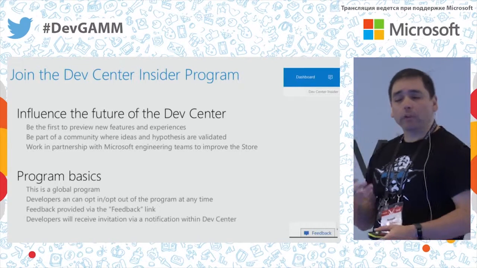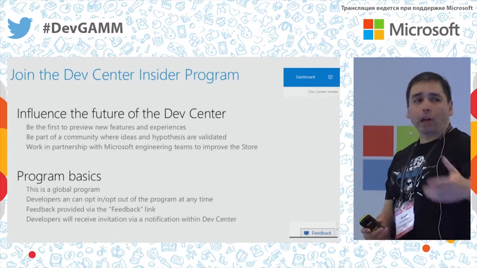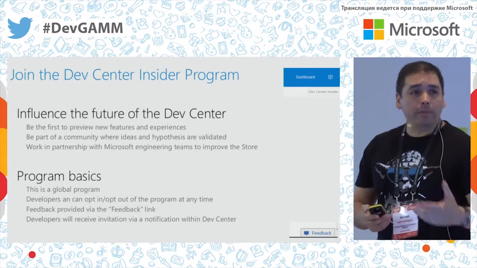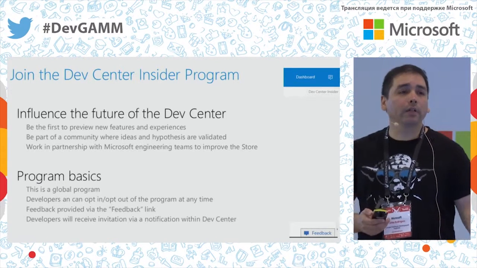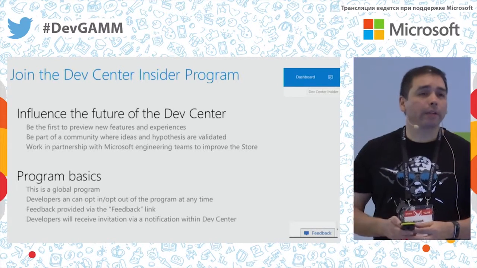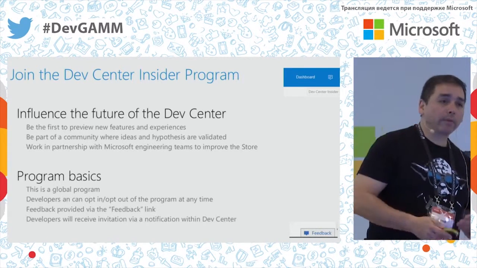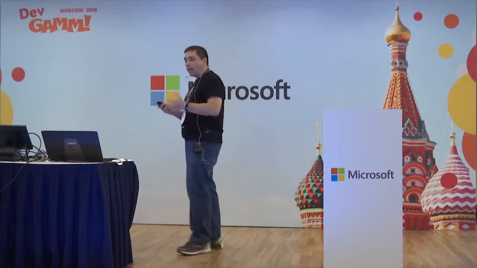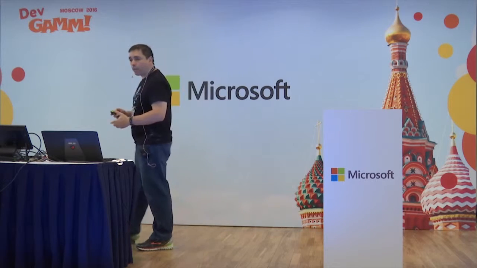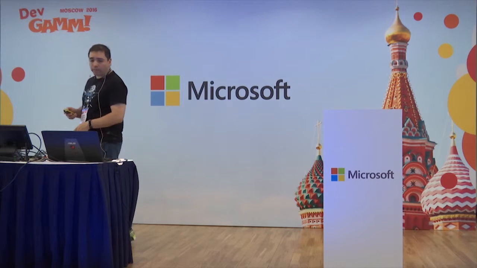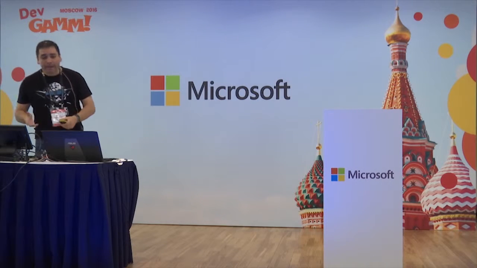And if you join our Insider program, we're going to contact you first and say, we have this brand new API coming out. If you want to try it, we can give you access from your Dev Center account, and that way you can get to try these out. So it's a really great way for you to keep track of the features that are coming. It's a really great way for you to give us feedback so we can improve it and make our whole dev center and our whole store experience better for you, and you can make more money out of your users.